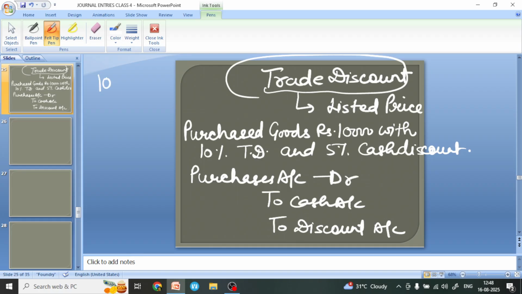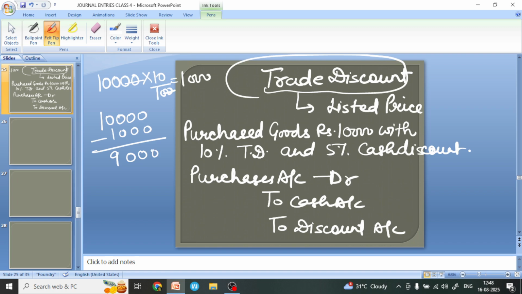First of all, find the trade discount. 10,000's 10%: zero cut with zeros, you will get 1,000 amount of trade discount. Now subtract this amount from 10,000. You will get 9,000. Now this 9,000 will be written here. And now find out the 5% cash discount.